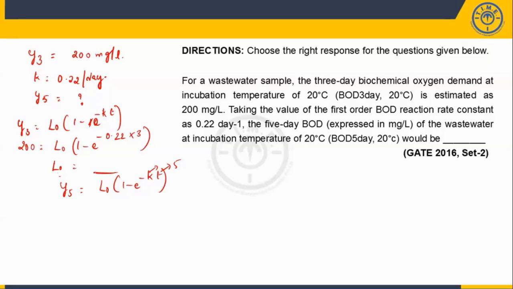827.72. L naught is 413.95, right? Yes, sir. L naught we got is 413.95 mg per liter. And now if we are substituting 413.95 into 1 minus e power minus 0.22 into 5.